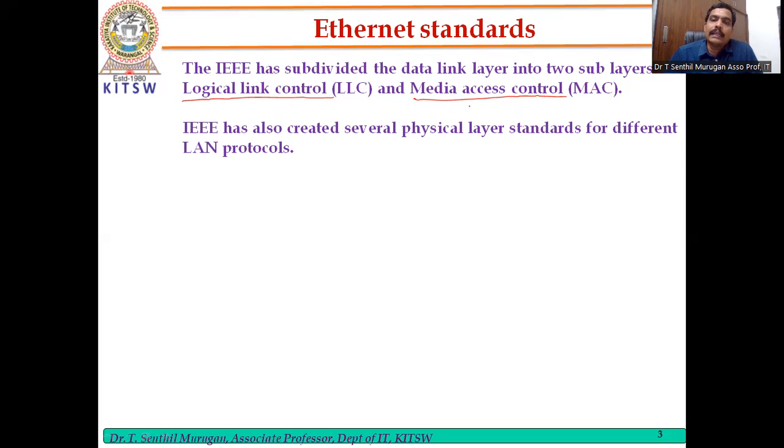This one is for access control, and that one is for flow control. We already know the data link layer has the responsibility of flow control and access control. So for these controls, the IEEE divided it into two sublayers.